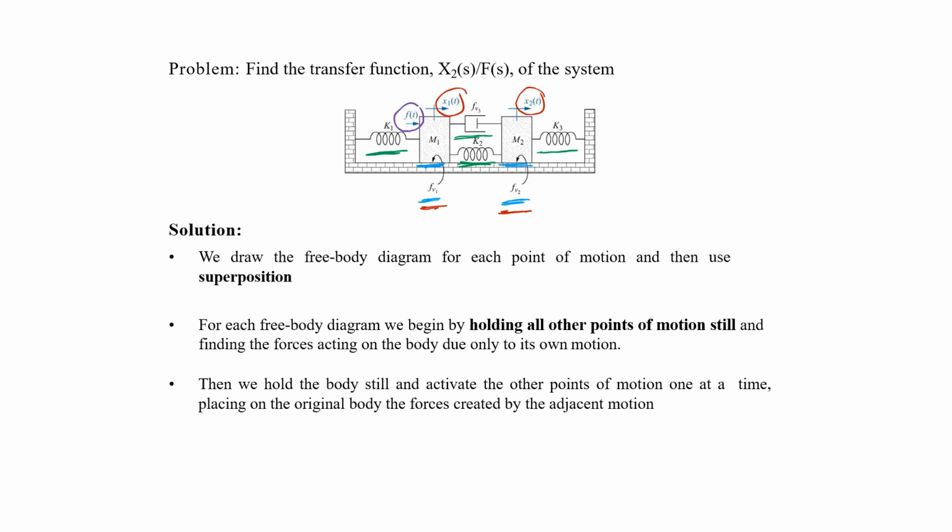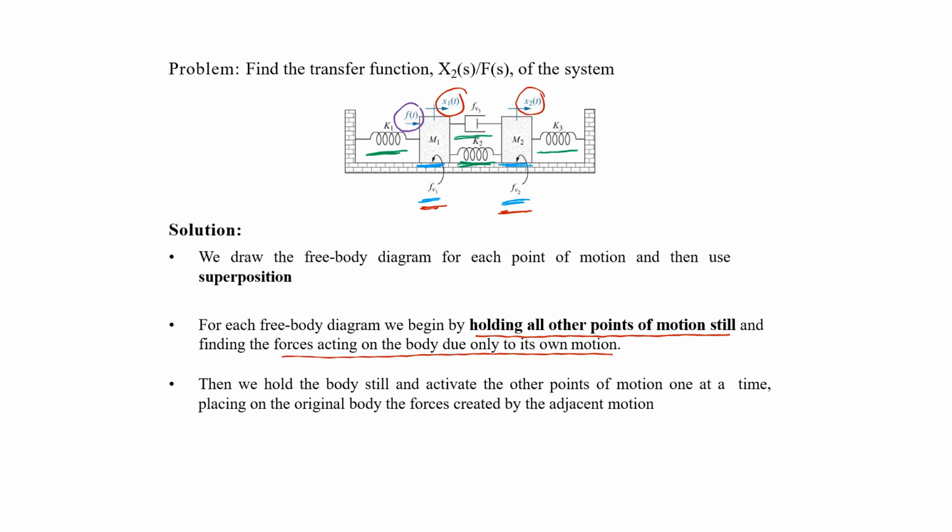To model this example, firstly we will have to draw the free body diagram for each point of motion, and after that we will use superposition to combine all of the forces together. To draw each free body diagram for a mass, firstly we hold all other points of motion still and find the forces acting on the body due only to its own motion.